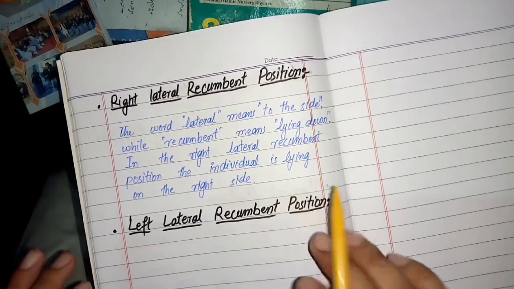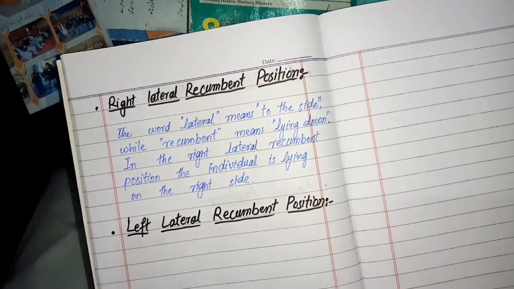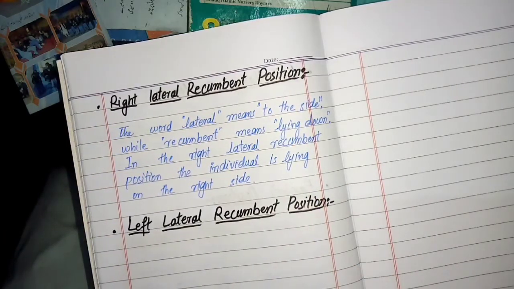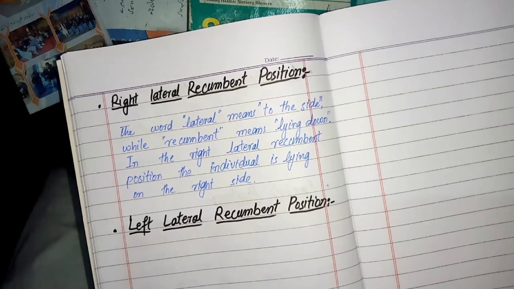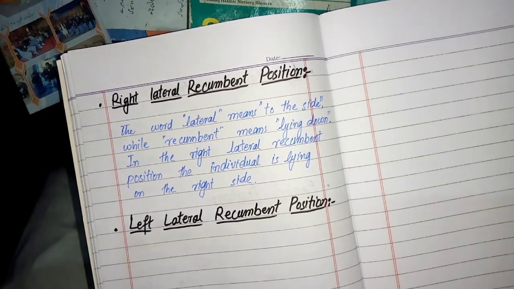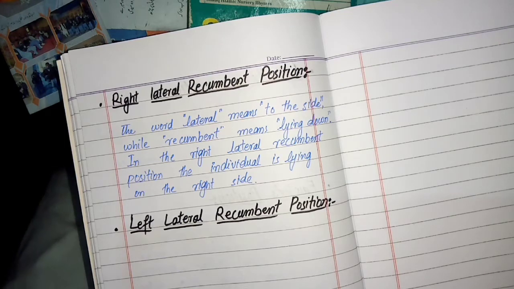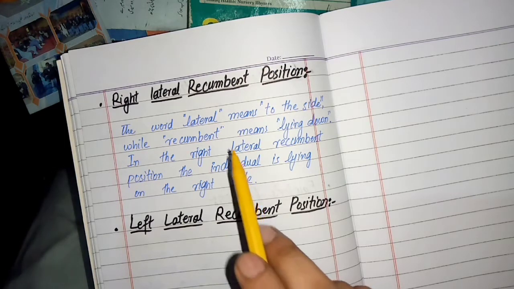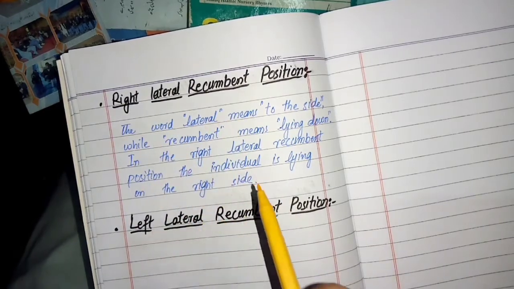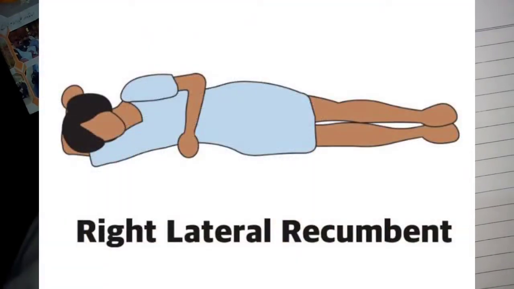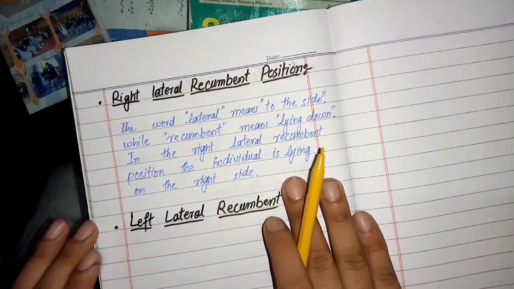The individual is lying down on the lateral side, bent to the right, with one arm below the head and the other arm above the thigh. You can see this in the picture, and this is used to access the left side of the patient for the doctor.